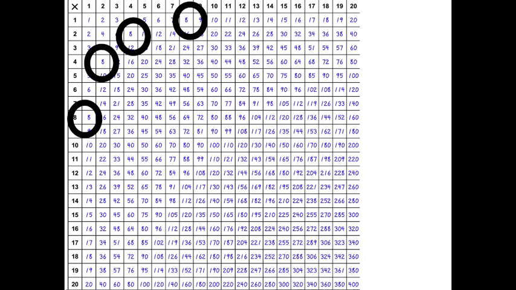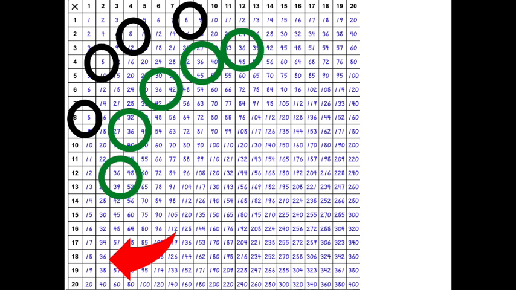Now do me a favor and see if you can find all the number 36s. And there's a bunch of them. Go ahead and see if you can find 36. So now if I asked you, hey, what are the factors of 36?